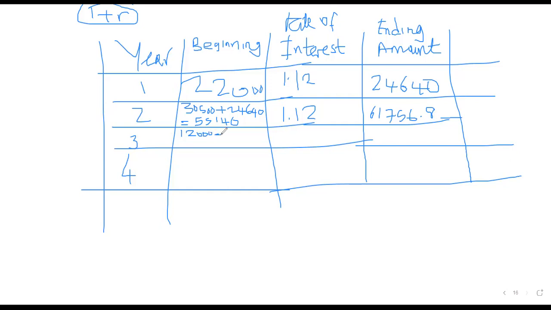So here we have 12,000 plus 61,756.8, by 1.12, giving us 82,607.616. Multiply by 1.12.